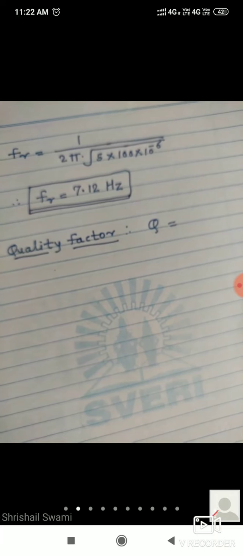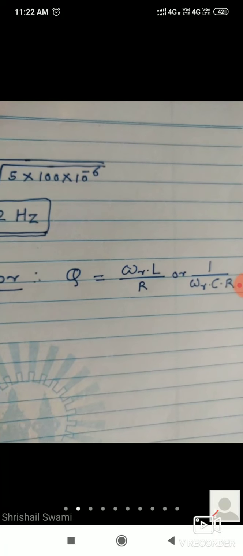We have a number of expressions, or formulas, which you can take, whichever is suitable to find the Q. Inductor is given, capacitor is also given. Which can you use? That is omega r into L divided by R, and 1 upon omega r into C into R. Omega r means 2π FR. FR is known, L is known, R is known. Or if you use the capacitor, 1 upon omega r into C into R. C is known, R is known, omega r will also be known because 2π FR. FR we already calculated. So whatever you feel is easy, you can use that expression.